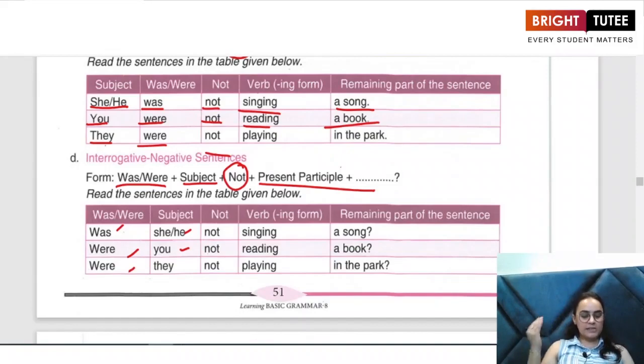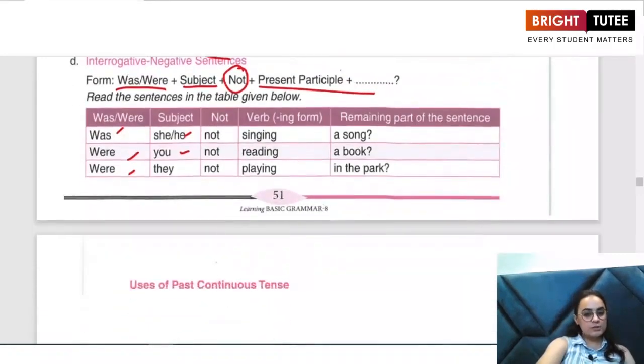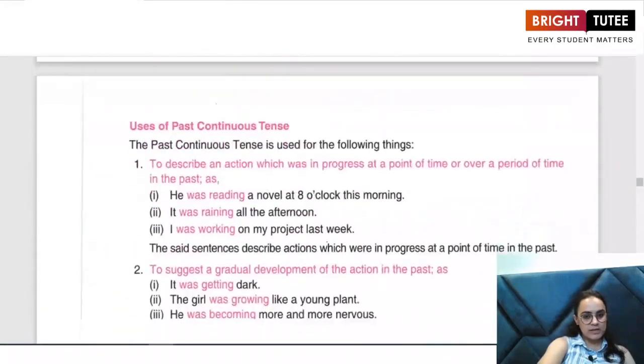So in this way we are going to frame a sentence using the past continuous tense in either a simple statement, a negative statement, an interrogative statement, or an interrogative negative statement. Alright? Let us now look at the uses of the past continuous tense.